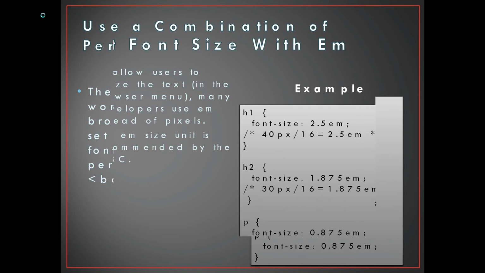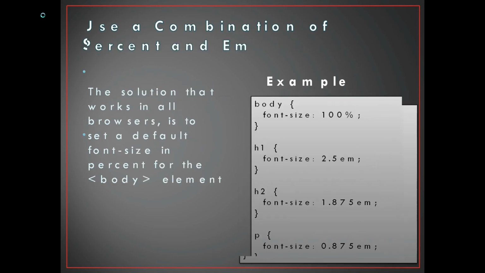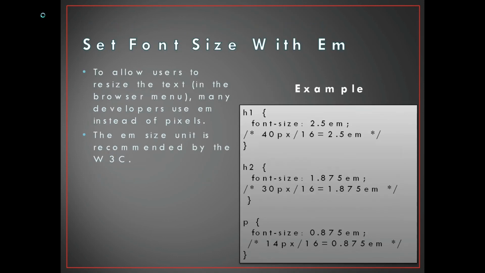So how do we calculate? The size can be calculated from pixel to em using this formula: pixel divided by 16 equals em. That means you can see here, 40 pixel divided by 16, then the result will be 2.5.